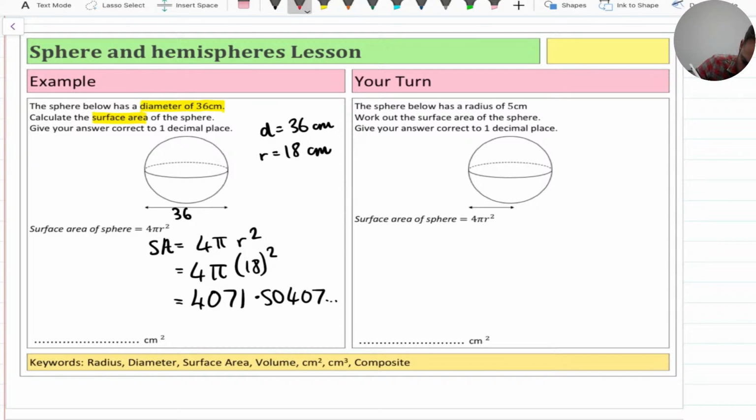However, we want to round this to one decimal place, so that's where it's going to be. So our answer to this is equal to 4,071.5 centimetres squared this time, because we're talking about area.